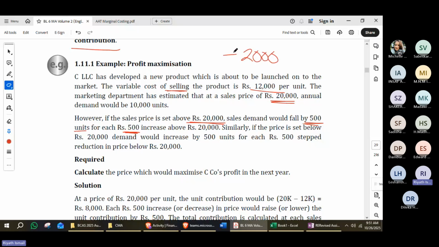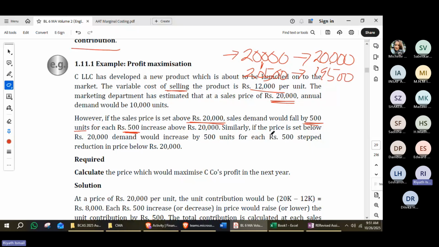They found 20,000 rupees as the base price, and at this point they can sell 10,000 units. And they argue that when they set the price above this, say 20,500, sales drop by 500 units, so it becomes 9,500.